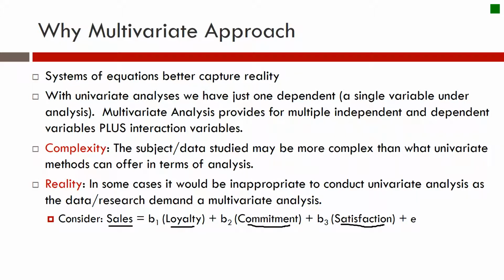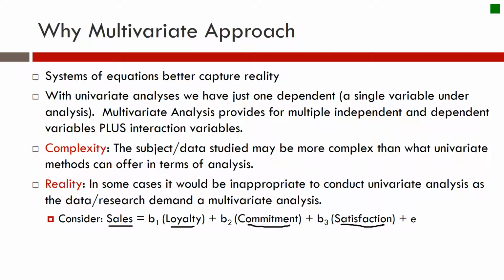So what happens here is we have an outcome, which we're very interested in, of course, and we have these other aspects of what we do in marketing, like we build customer loyalty, we measure consumer behavior, elements of commitment, and we also want to provide a lot of satisfaction or positive affect for our customers. But one of the things to think about here is that loyalty, commitment, and satisfaction, those 3 things in and of themselves are fairly difficult to measure and often require multiple measures to do so.